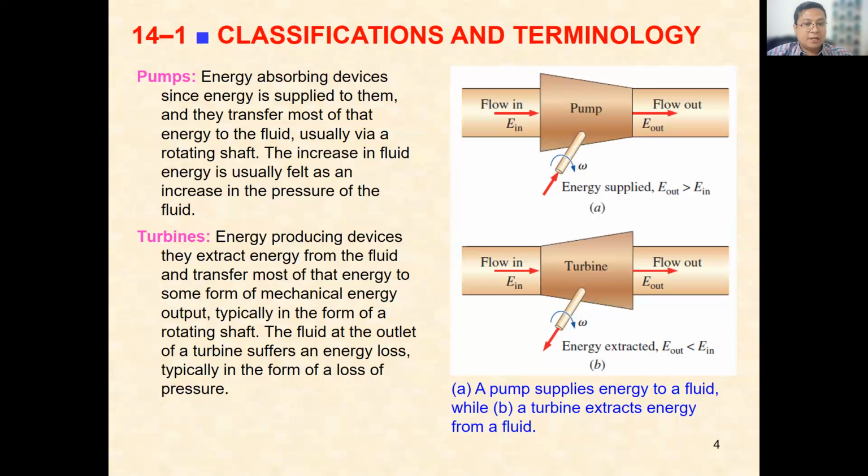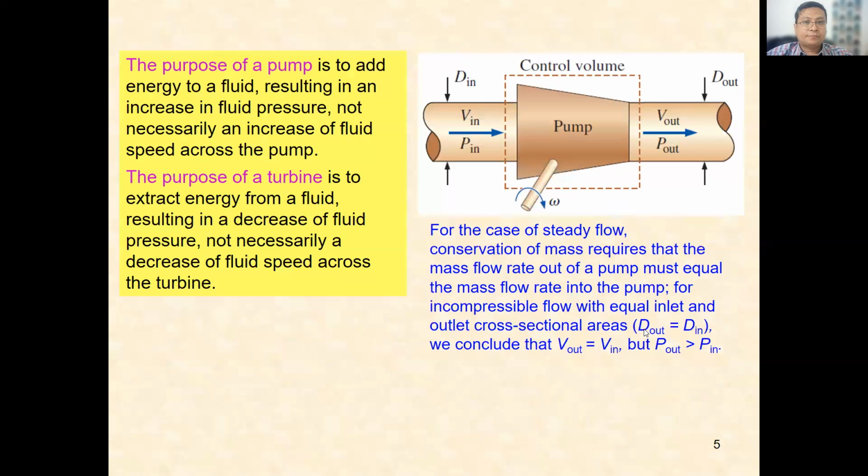The fluid at the outlet of the turbine suffers an energy loss, typically in the form of a loss of pressure. So we will see the pressure reduced after going through the turbine.